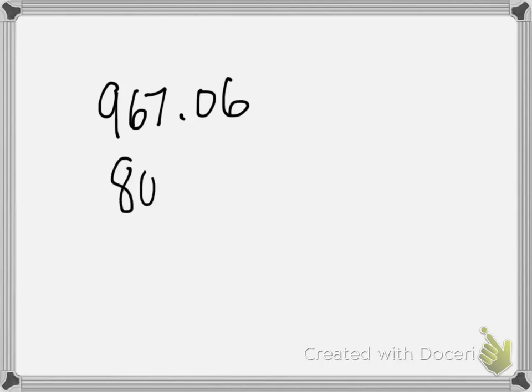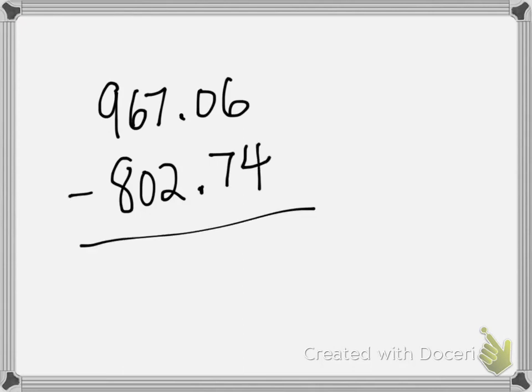And then if we did the ARM, that first year, we're going to go a whole year with a guaranteed payment of $802.74. Now we can take a look at this and say, well, we're actually saving $164.32.